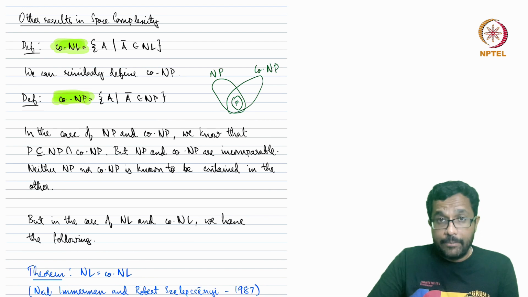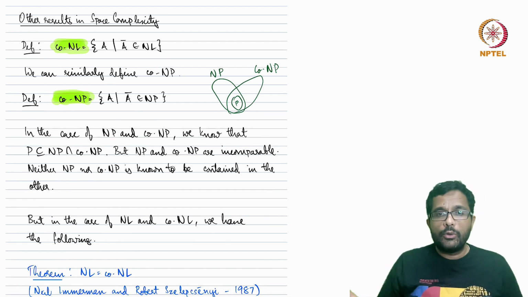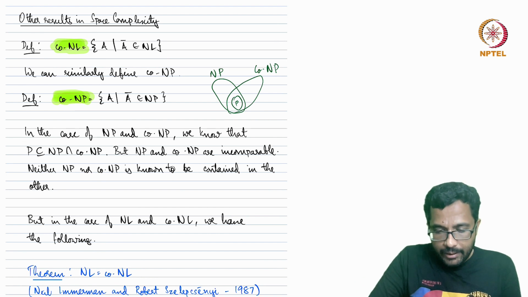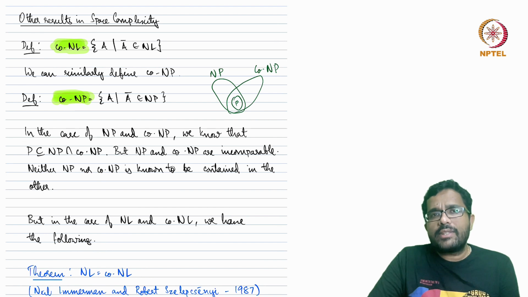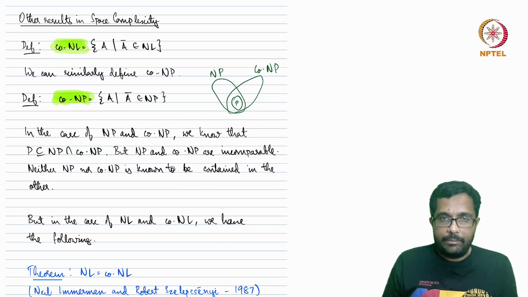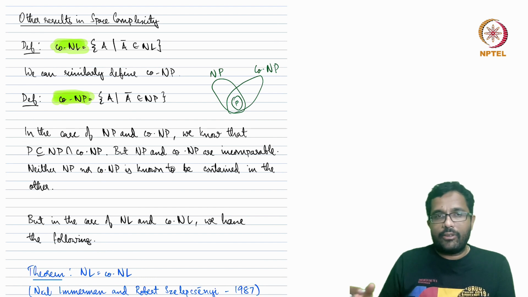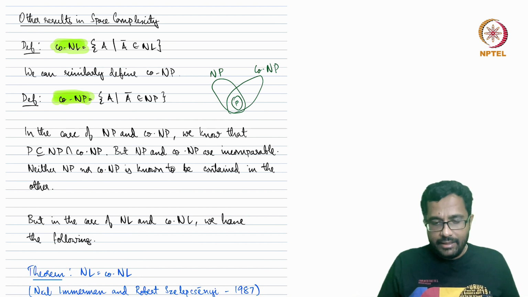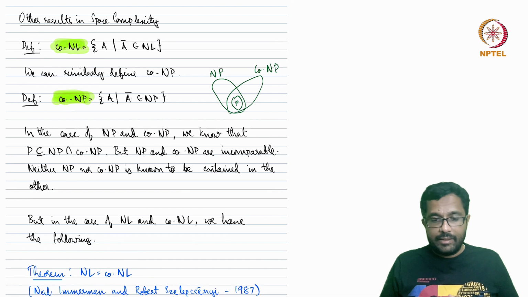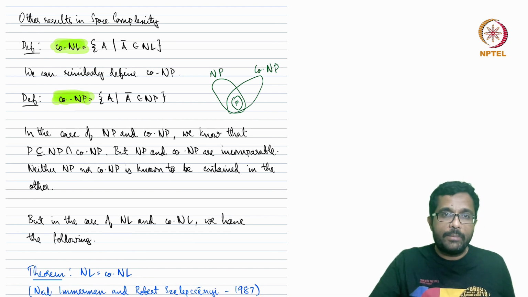So in the case of time complexity, NP and co-NP are not known to be the same. They may be the same, but it is not known. In some sense, we can think of NL and co-NL as a parallel to NP and co-NP, because you have a non-deterministic class and the class of complements of its languages. Again, co-NL is not the complement of NL.